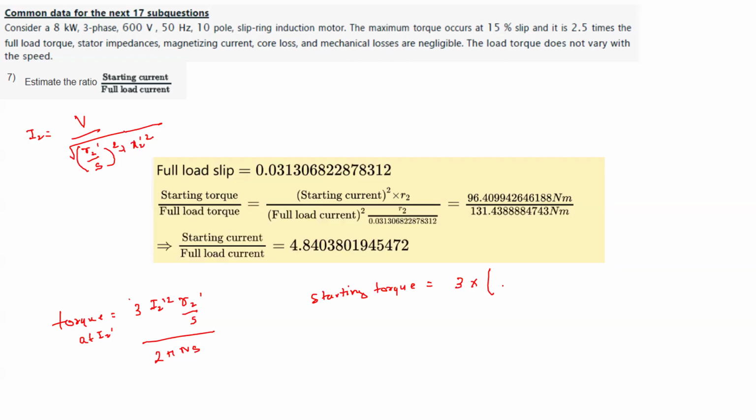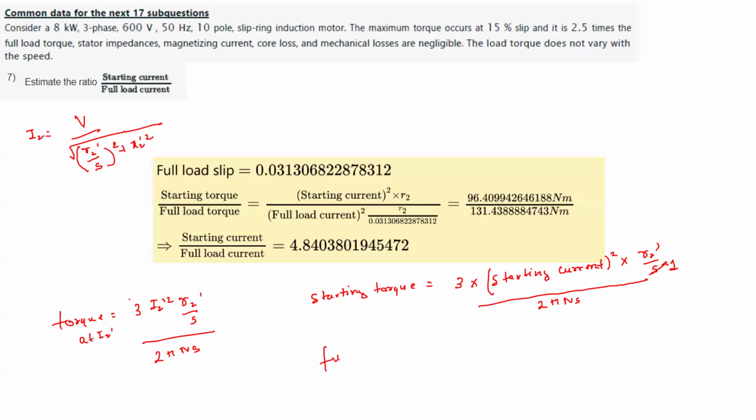We do not need to find the exact value of the starting current. We just have to find the ratio. So I am expressing it in terms of I2. Let us say that the I2 current corresponding to slip equal to 1 is the starting current. So the starting torque is 3 times the starting current square into R2 dash by S, where S is equal to 1, divided by 2 pi ns.